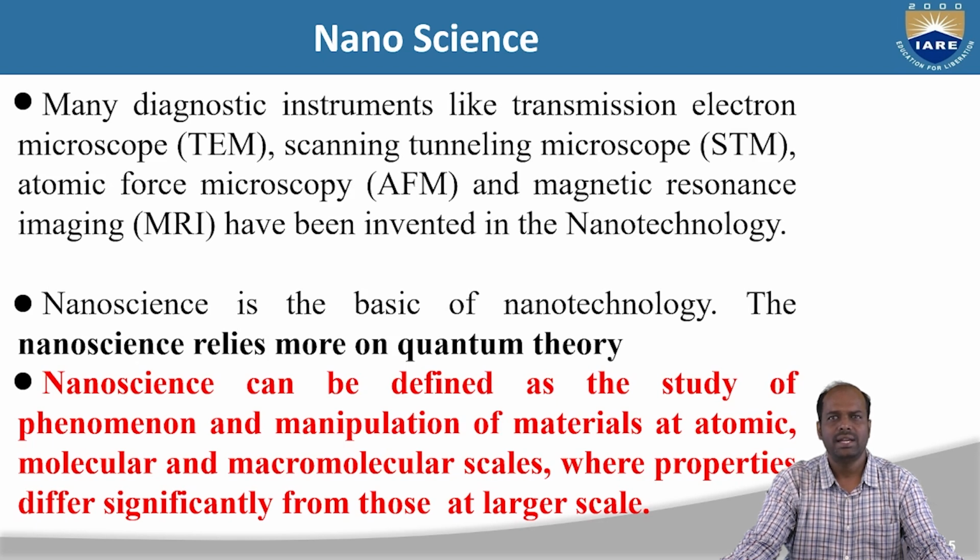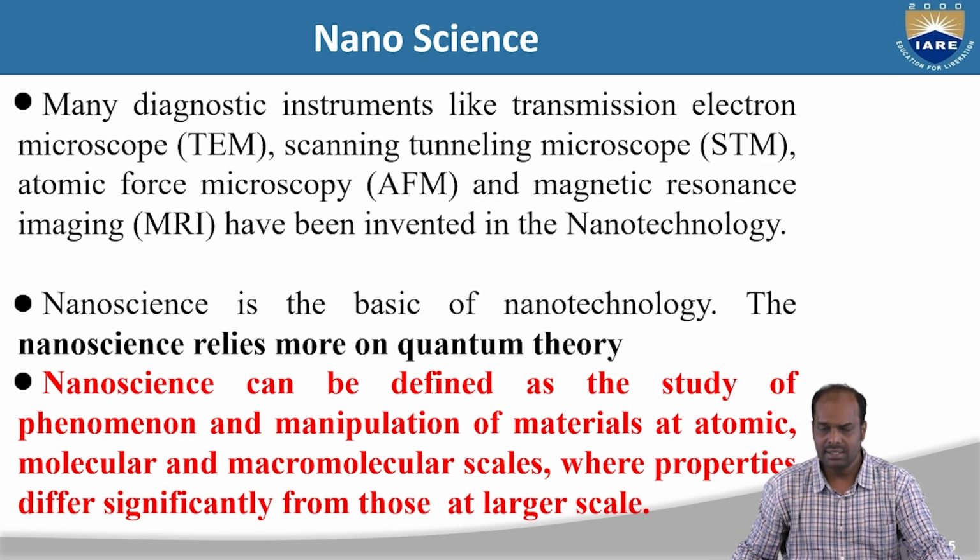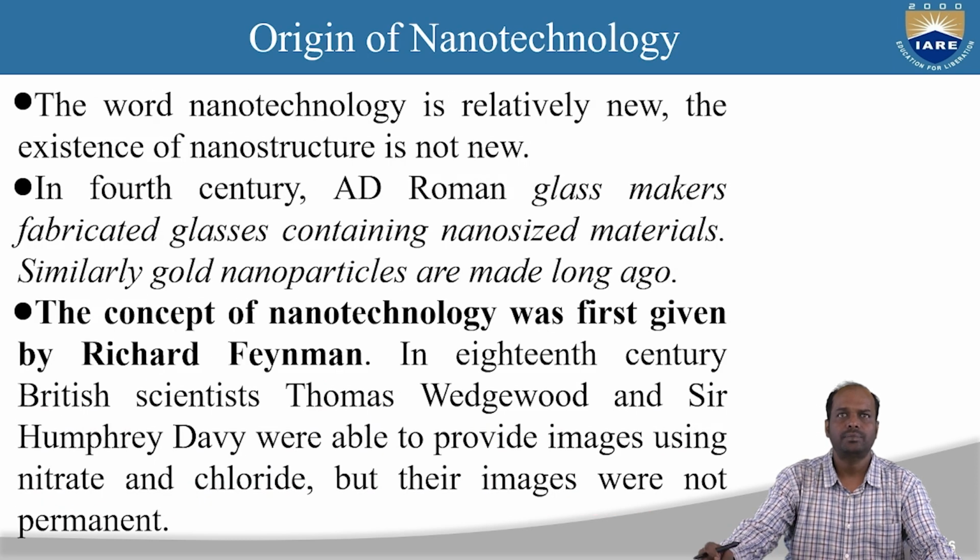Nanoscience can be defined as the study of phenomena and manipulation of materials in the atomic, molecular and macromolecular scales, where the properties differ significantly from those at large scale. That is nothing but the nanoscale.